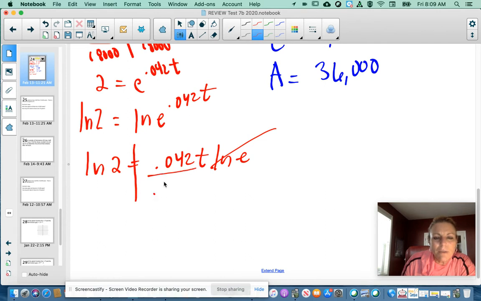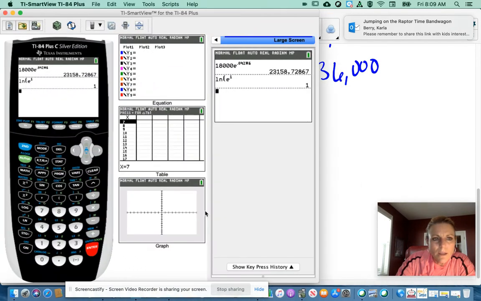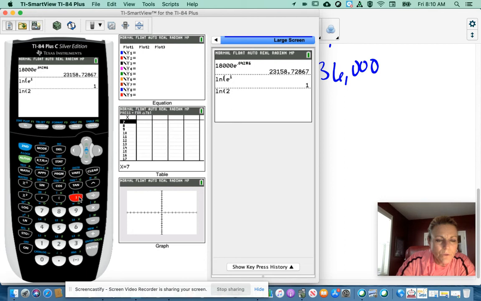All right. Now I'm going to divide by 0.042. Divide by 0.042. T is equal to ln of 2 divided by 0.042.